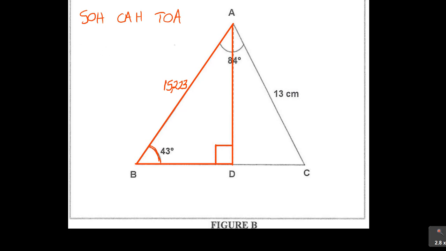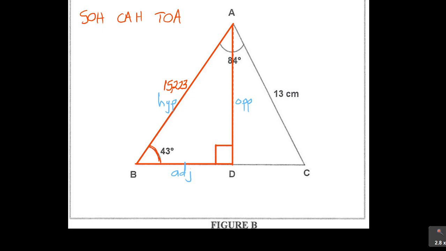Now with SOHCAHTOA, I have to identify my sides. BD is adjacent to the 43 degrees angle. So this is my adjacent side, this one is my hypotenuse, and this one is my opposite side. Now the question is interested in the adjacent side, which is BD.